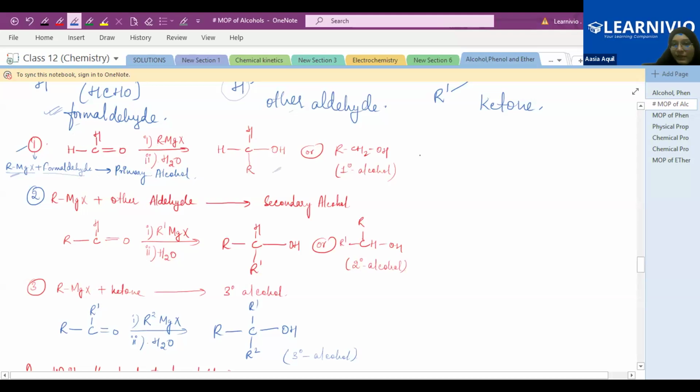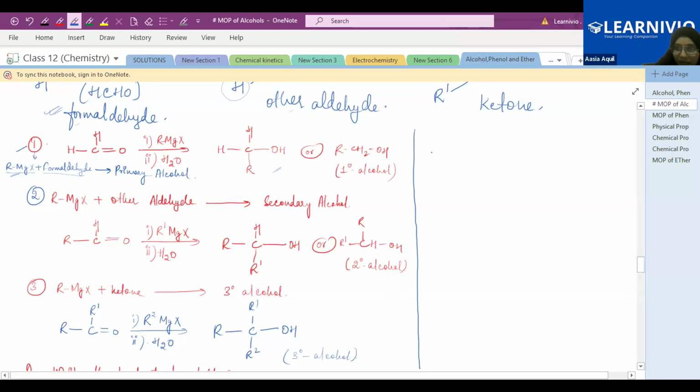Now let's see what the mechanism will be. You can easily do the mechanism. As I told you, just break the C=O bond and attach the R group to the carbon and the hydrogen to the oxygen. Let's see the mechanism here.